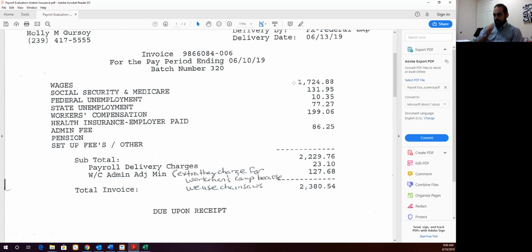Some will charge more than that. Southeast, typically what we see from Southeast is around 3.5 or 3.48% on the first 7,000 of payroll. They're supposed to cut it off after that, but many times we see they don't. And that just goes to added fees that they're getting because they only owe the state so much, but they're going to just take it from the client.